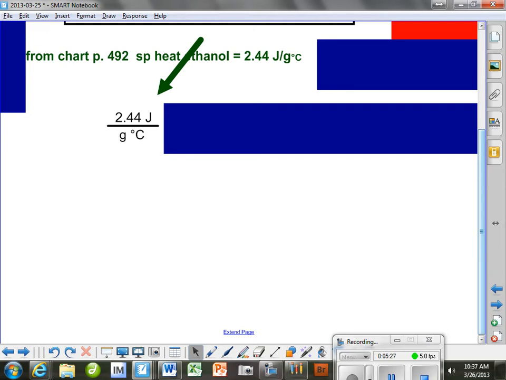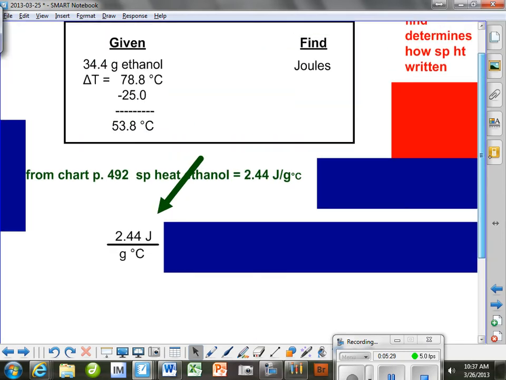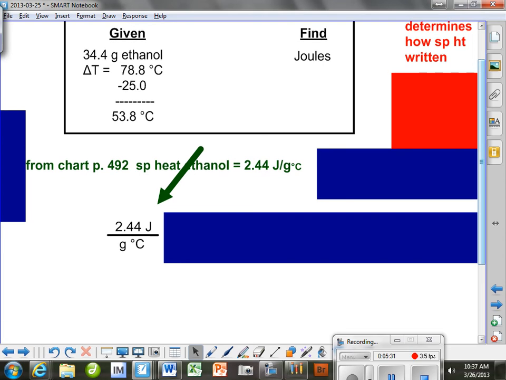Okay, Louisa, you're on. I need to know for the next fraction is going to be the grams. So, would we have grams top or bottom in the next fraction? Top, and what would be on the bottom of the fraction? Is this a ratio or a given quantity? A given quantity.